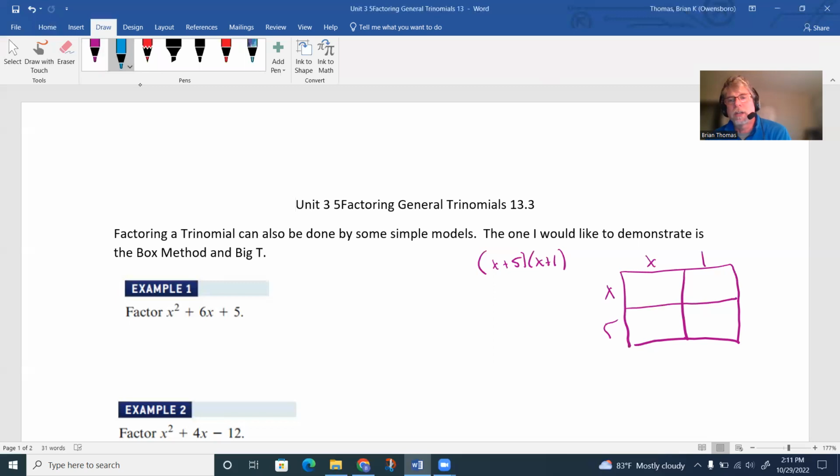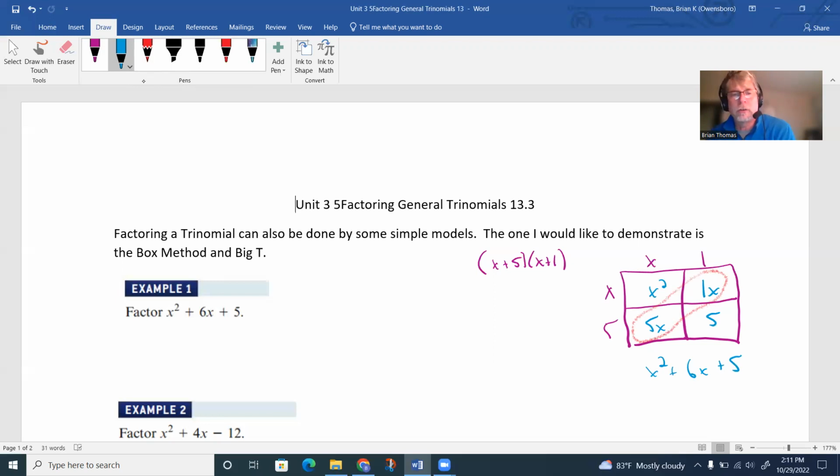We know that x times x is going to be x squared. X times 1 is going to be this 1x. 5 times x is going to be this 5x. And 5 times 1 is going to be 5. And therefore, notice how the 5x and the 1x were like terms. So this brought us down to x squared plus this 6x plus this 5.